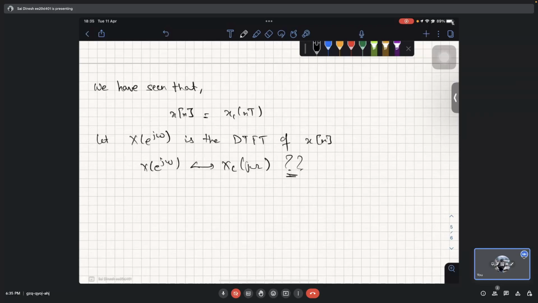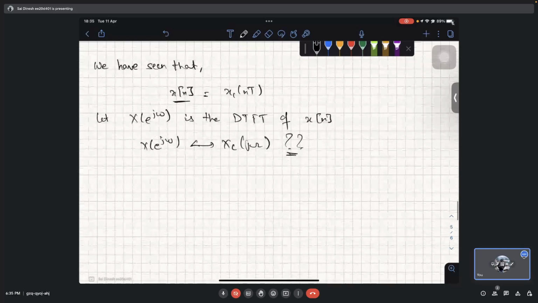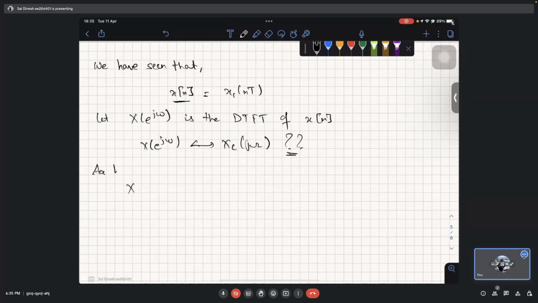That is what we need to find. We have seen earlier, so if this is x of n, then according to the DTFT formula, X e power j omega is equal to sum of x of n e power minus j omega n.